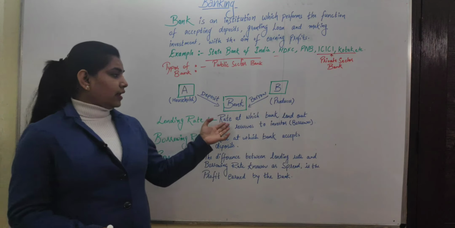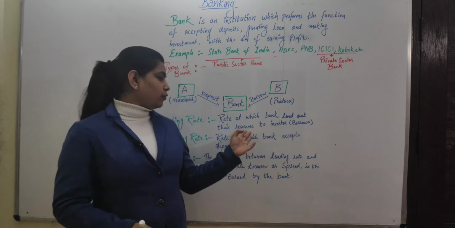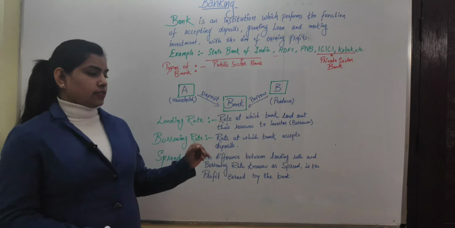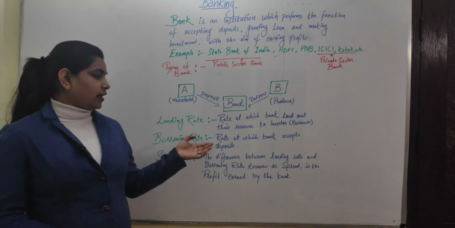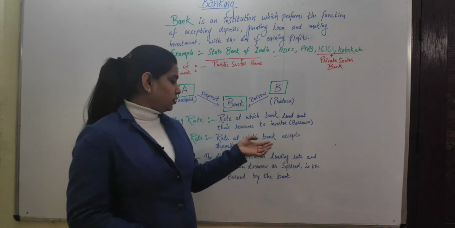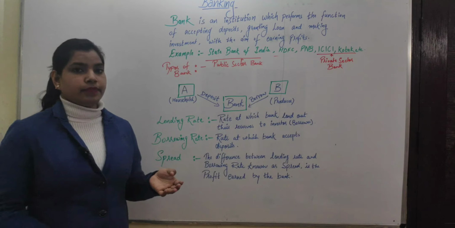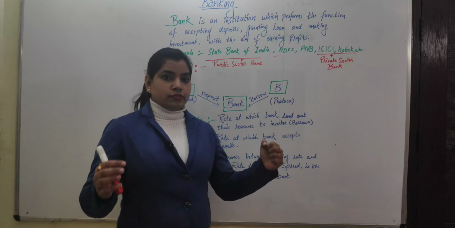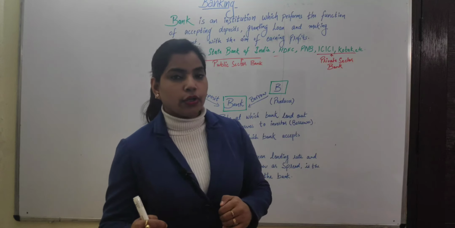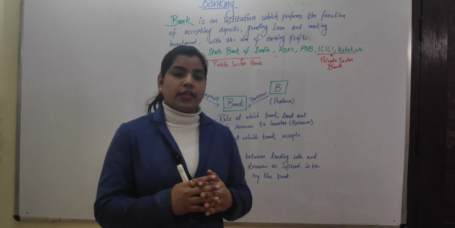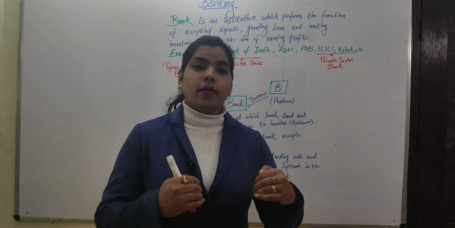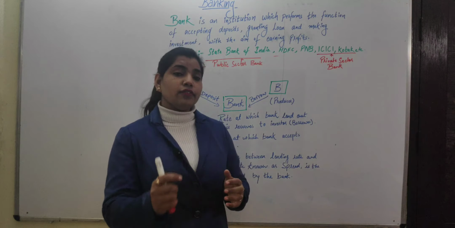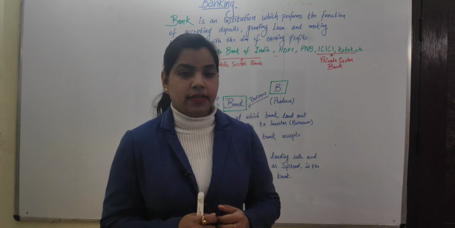So the rate at which the bank lends out the reserves to the investors is the lending rate, and the rate at which the bank accepts the deposits is the borrowing rate. And students, the difference between the lending rate and the borrowing rate is the bank's profit, which is also known as spread.